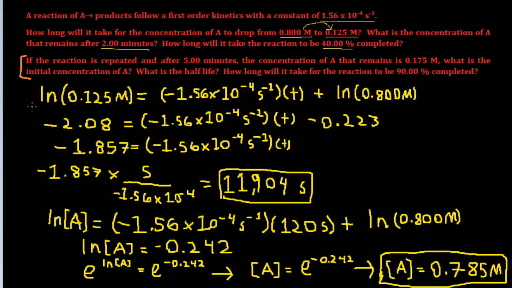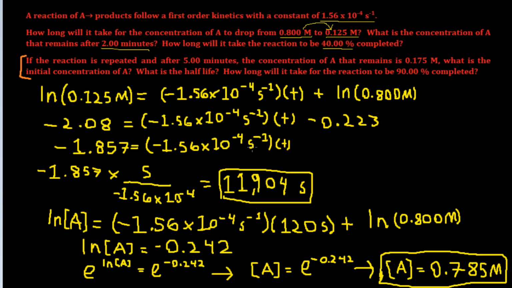So then you just do the natural logs in your calculator. It will be negative 2.08, and then this will turn into a negative as well, so it'll be minus 0.223, and then you will want to add this to this side, which will make negative 1.857.